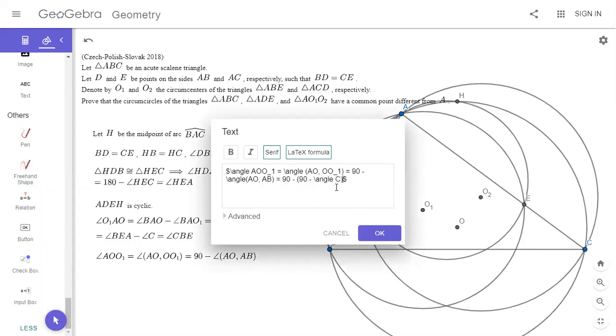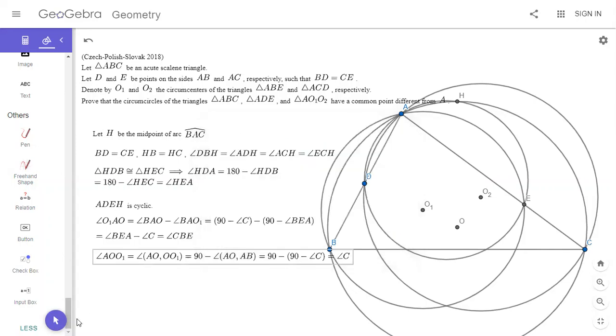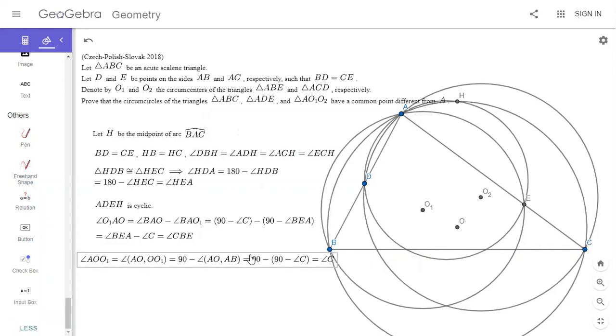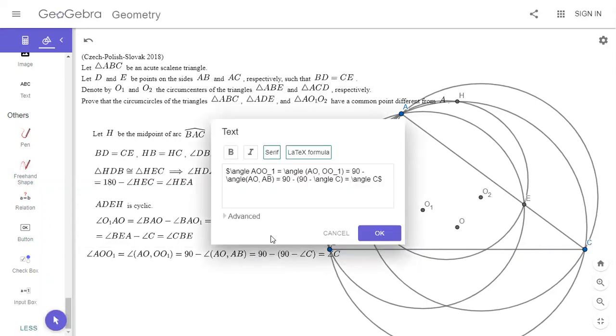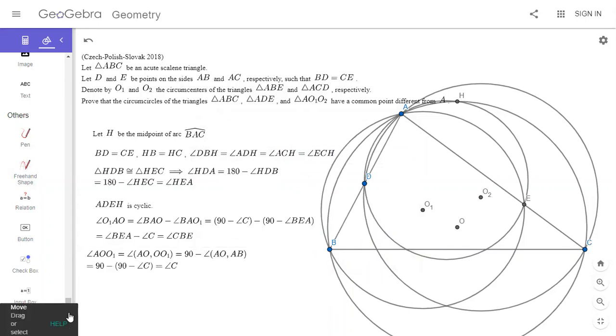I don't know if I'm doing this right. Let's see. Something, I think I might have gone wrong somewhere. Oh no, that's right. Yeah. So let me do this. All right, and this is because OO1 is perpendicular to AB, since those two circles, okay.